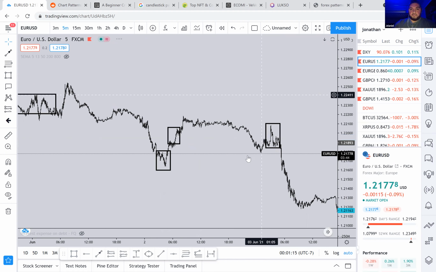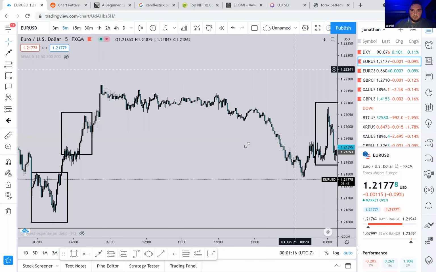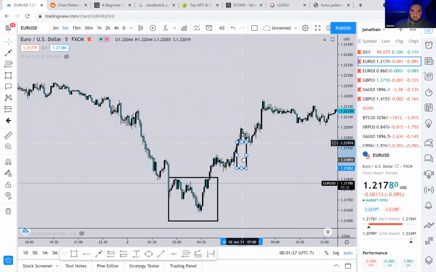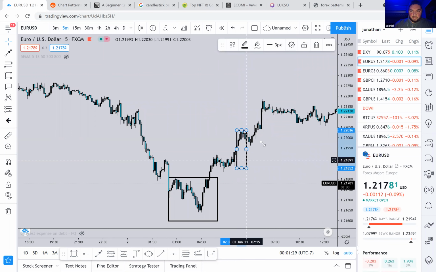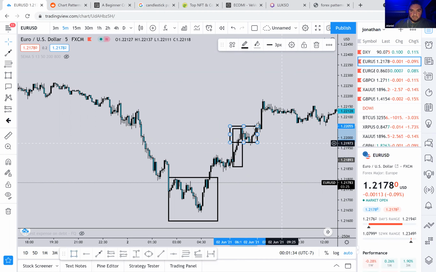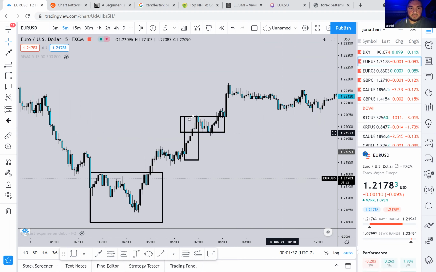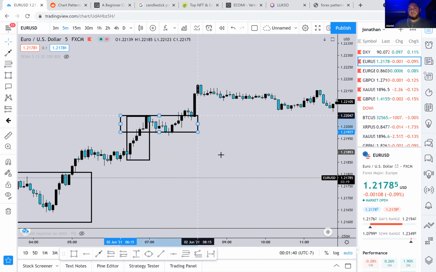So you see here how this is the pole. Now if I move it smaller, this is the pole, and this is the flag. You see how this becomes the same pattern in general, not candlestick necessarily, but pattern.